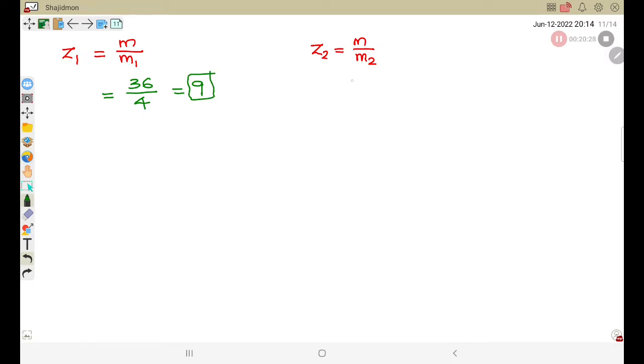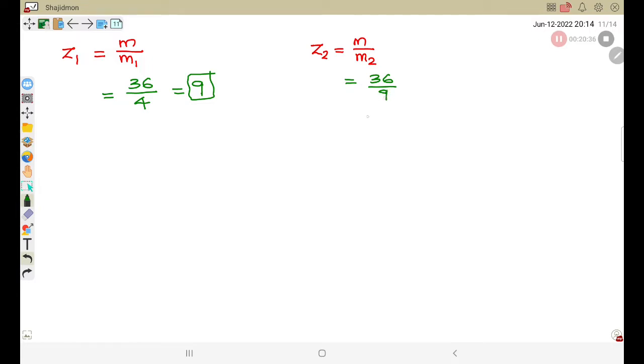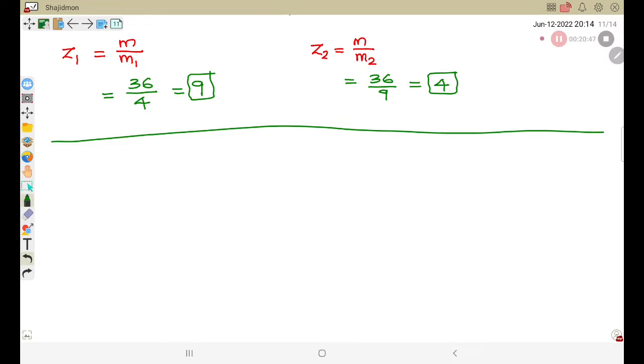Now Z2 means M, 36, divided by M2. What is M2 here? 9. So 36 divided by 9 equals 4. So we got Z1 and Z2 here. I hope you understood the next step also. Now we are going to find the next two numbers.